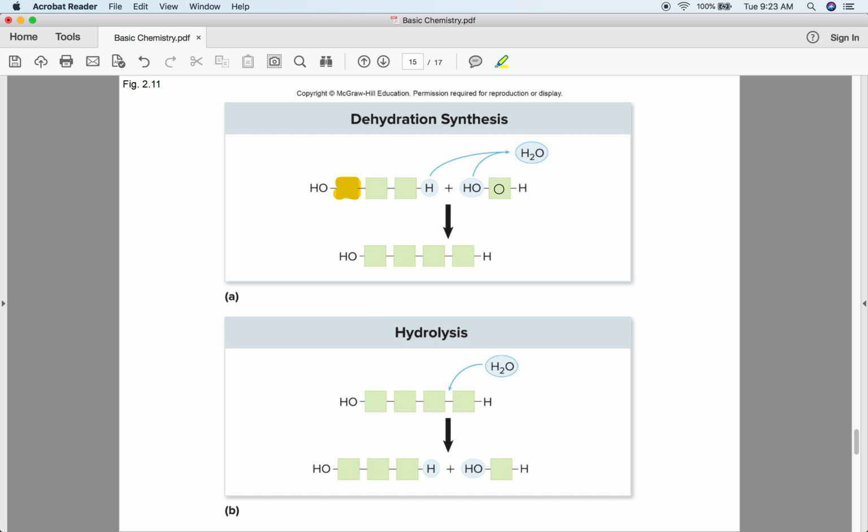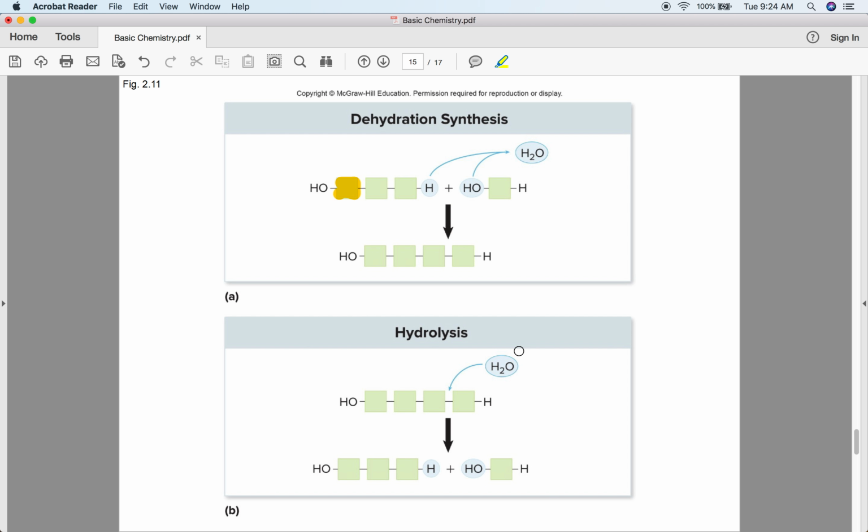And so if we're going to add another molecule onto this here, we remove water. And so we call it dehydration synthesis. And this is how we make proteins, nucleic acids, even lipids and all sorts of, so fats and oils. All these molecules, as they're built, are built by dehydration synthesis.